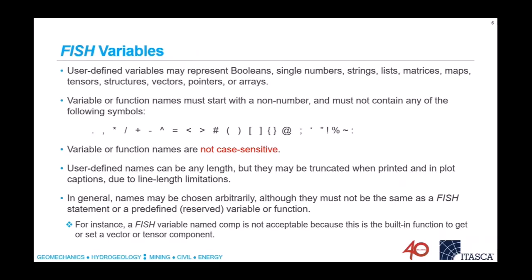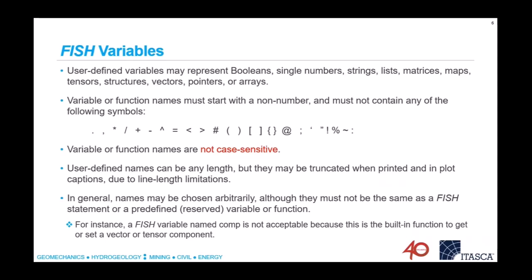There are all sorts of fish variables: booleans, numbers, strings, lists, matrices, maps, tensors, vectors, etc. A function name or a variable must start with a non-number and must not contain any of these reserved symbols. There are also some reserved names. You can't, for example, have a fish function called cycle, because that could confuse the software.